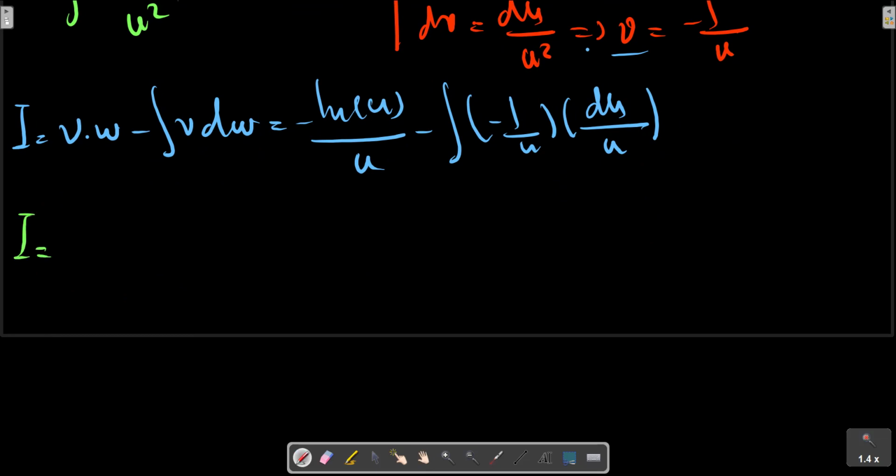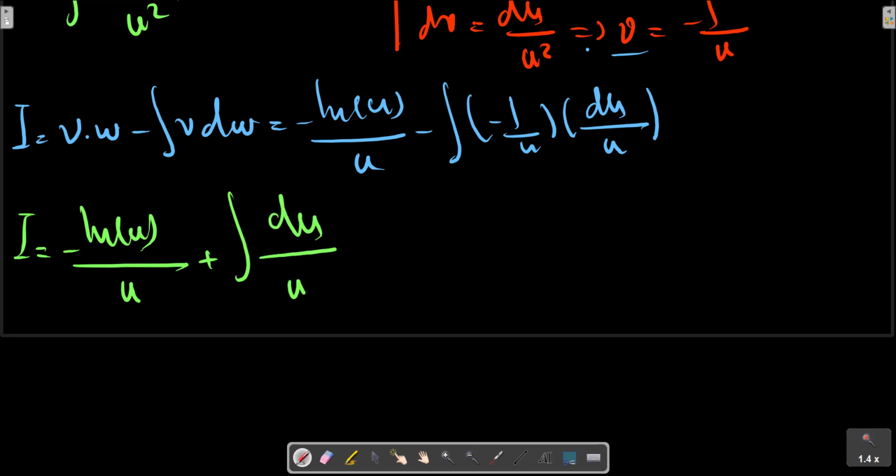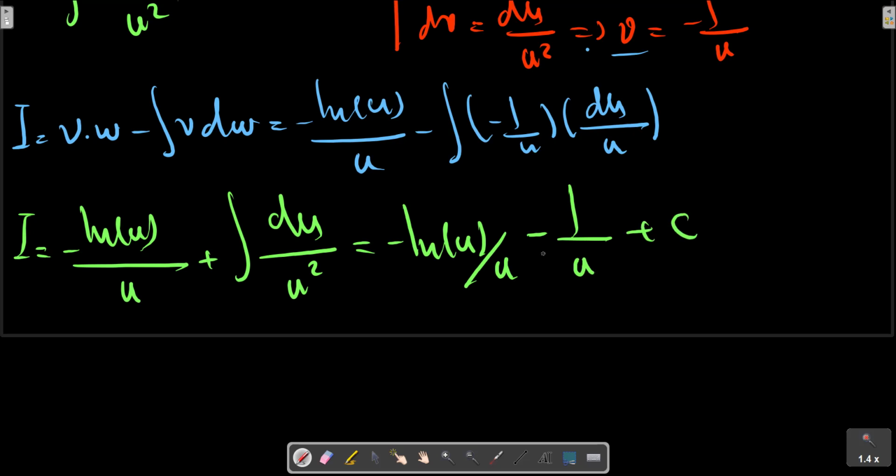Our integration becomes the integral of du on u squared, which equals minus 1 on u, plus c.